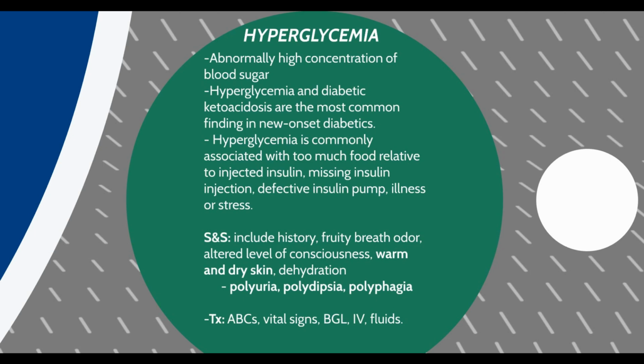So signs and symptoms. So the patient may actually have a history of diabetes, but classically in hyperglycemic patients who are in diabetic ketoacidosis have fruity breath odors, altered level of consciousness, warm and dry skin, and potentially are dehydrated.